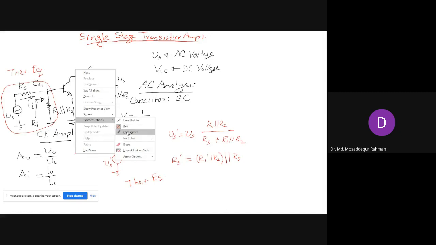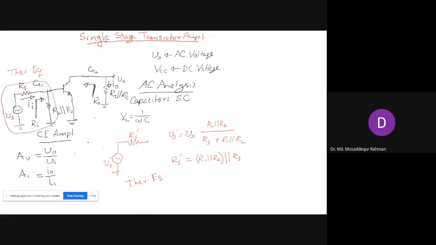So I might make a mistake now. So now we need the eraser. So I remove this part. Remove this part. Remove this part.